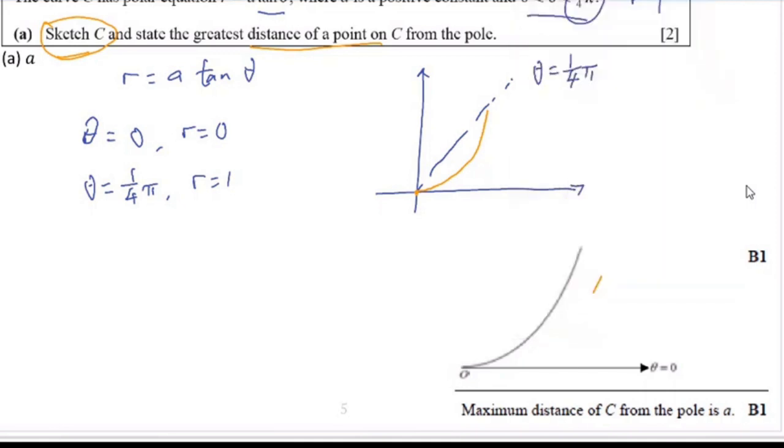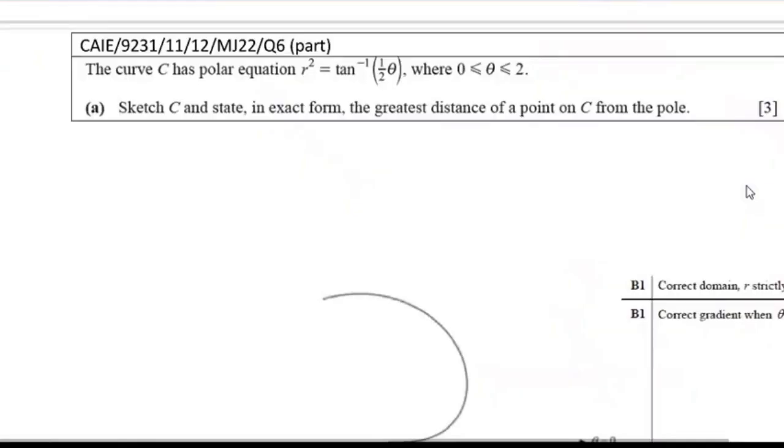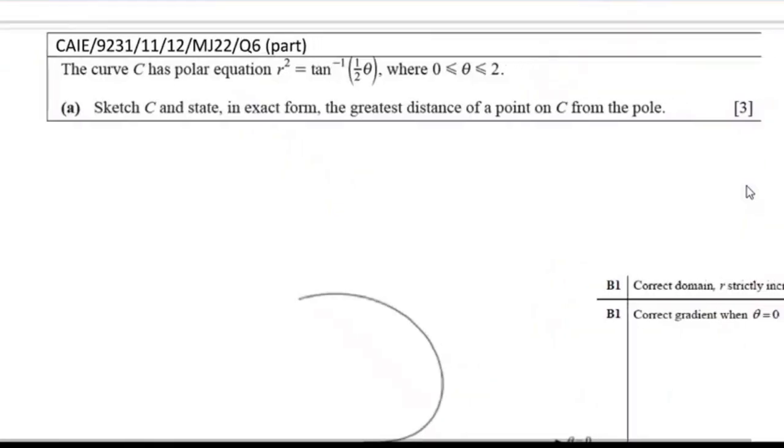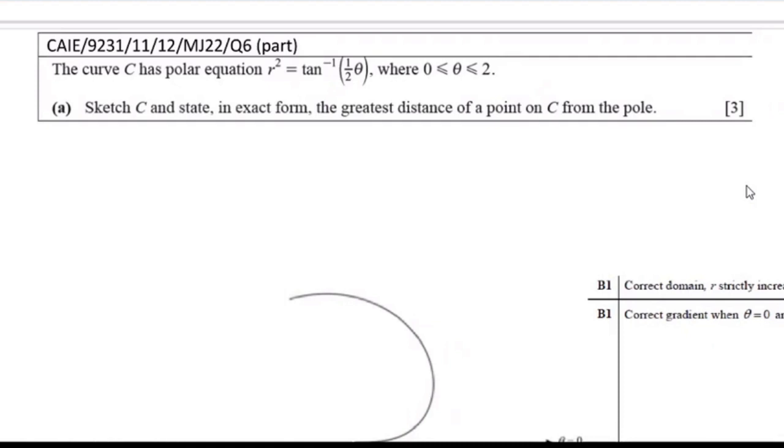So we will look at the other questions here, which we might need to give more attention to. For example, this question, which is a reason question. We have got the polar equation, r squared is arctangent of a half theta.